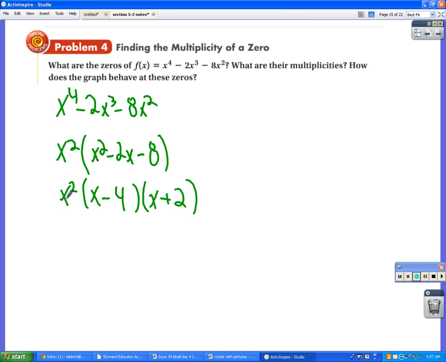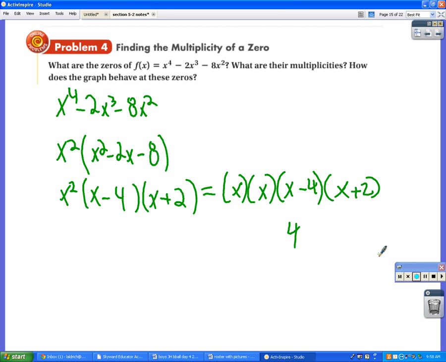You times it by itself. So really what I have here is x times x minus 4 times x plus 2. So what are my zeros? 4 right there, -2 over here. What's going on with the x's? 0. How many times? Twice. So that means this is 0 with multiplicity 2.